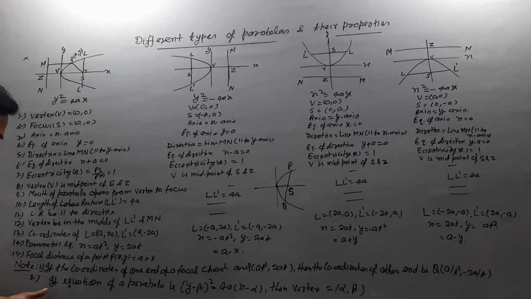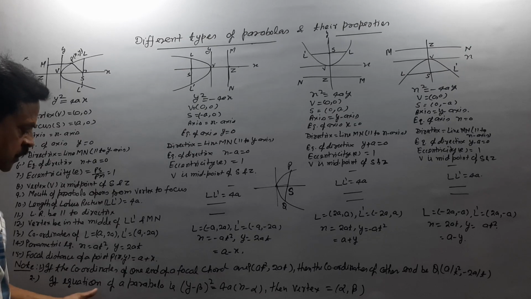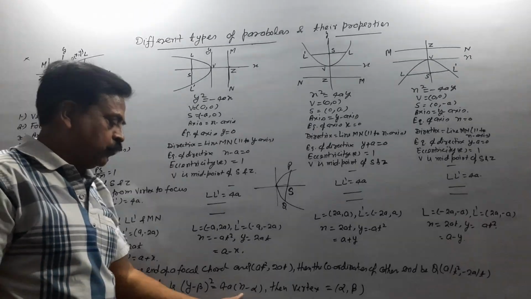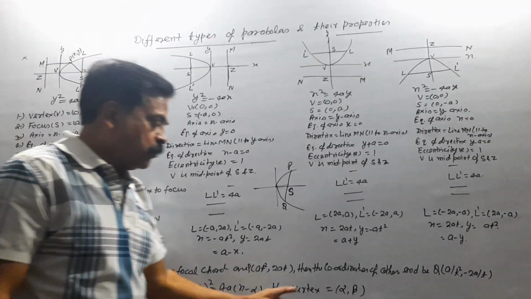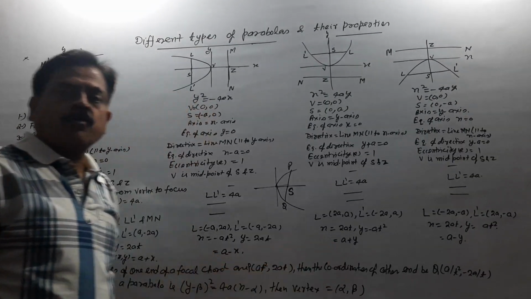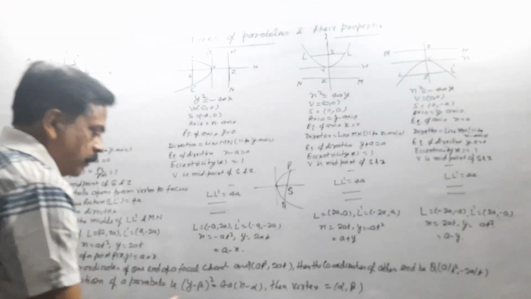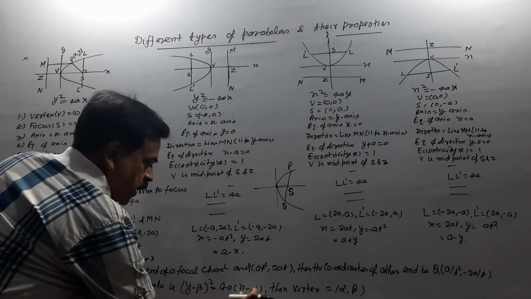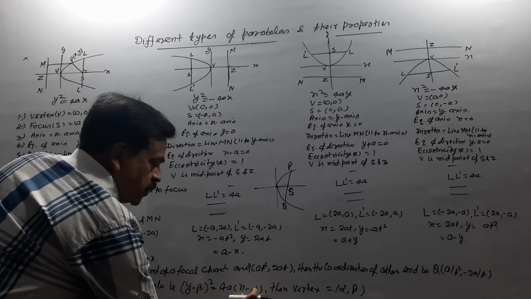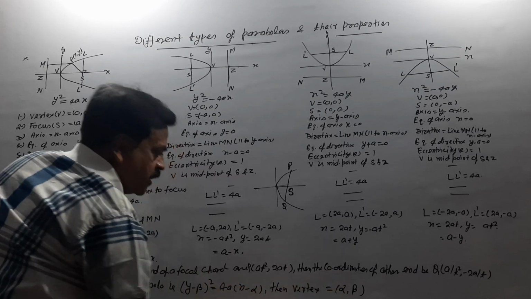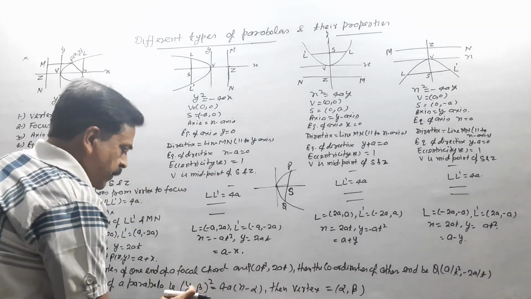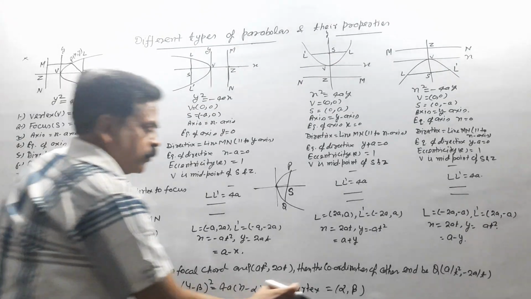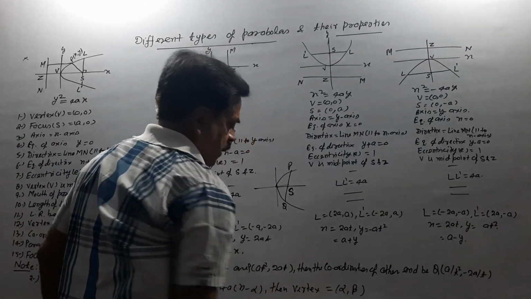And the second note: if the equation of a parabola is (y minus beta) whole square equals 4a(x minus alpha), then the coordinates of the vertex are (alpha, beta). Equating x minus alpha to 0, we get x equals alpha, which gives the abscissa of the vertex, and y minus beta equals 0 gives y equals beta, the ordinate of the vertex.